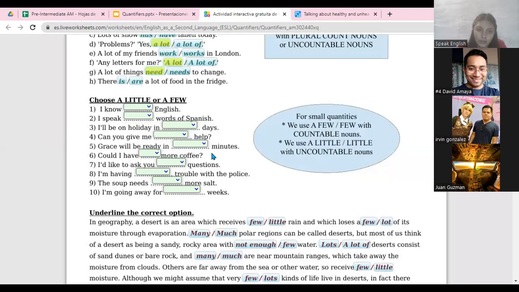So let me, the number 7, I'd like to ask you, what do you think, a little or few? Few is for countable and a little for uncountable.